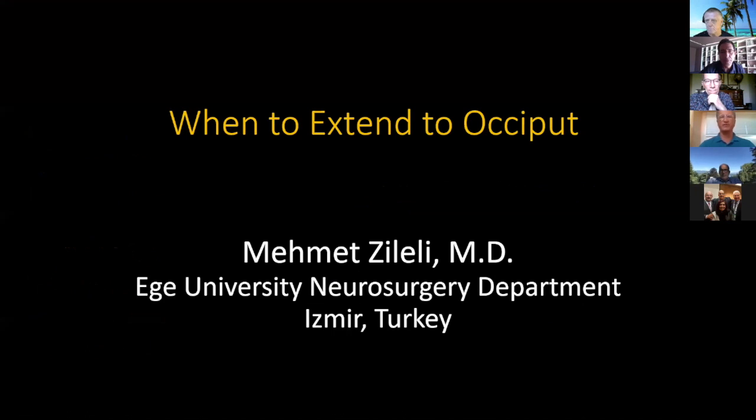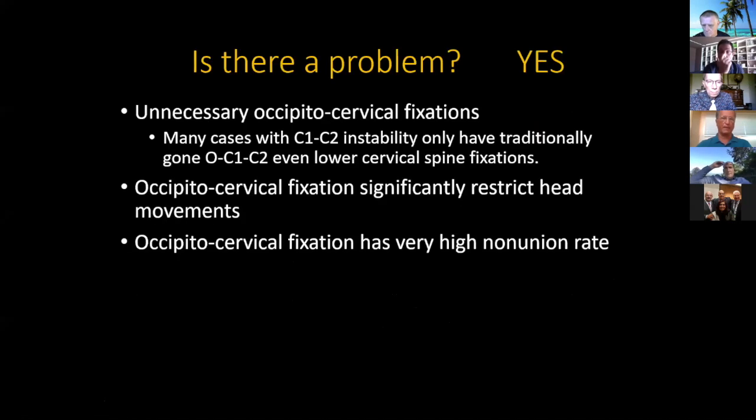It's a great pleasure for me to be with you. I know most of the friends that are connected already. My task is to explain how to extend the fixation to the occiput, and when to extend it to the occiput. I believe first there is a problem about occipitocervical fixation because there are many unnecessary occipitocervical fixations.